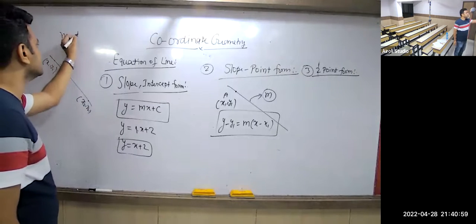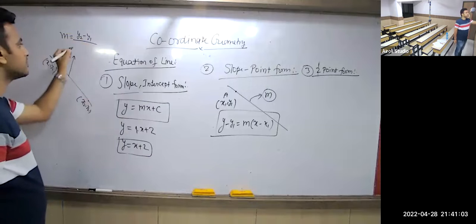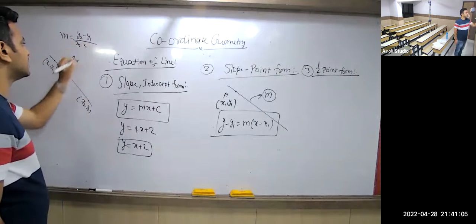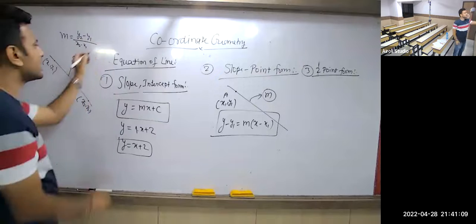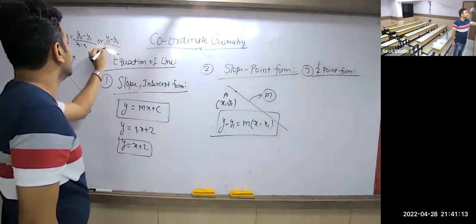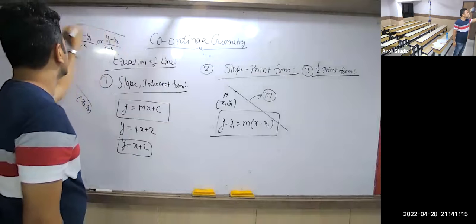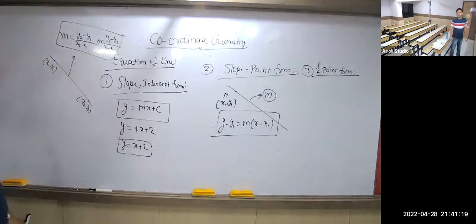m will be equal to the difference of y coordinates upon the difference of x coordinates. That means y2 minus y1 upon x2 minus x1, or I can write it as y1 minus y2 upon x1 minus x2. By this method you can find the slope of a line.